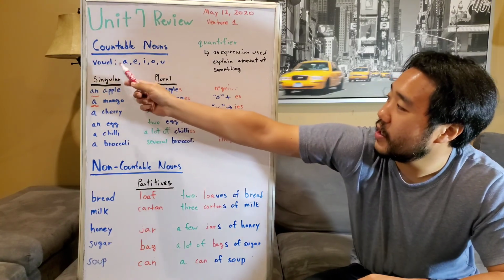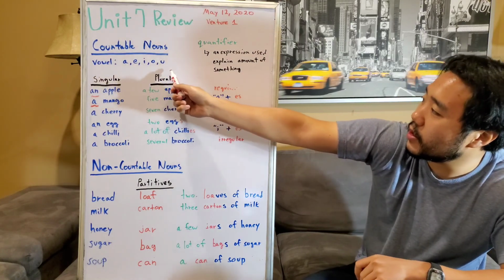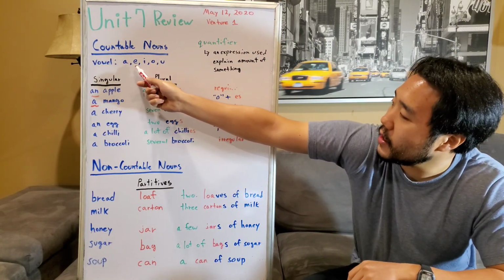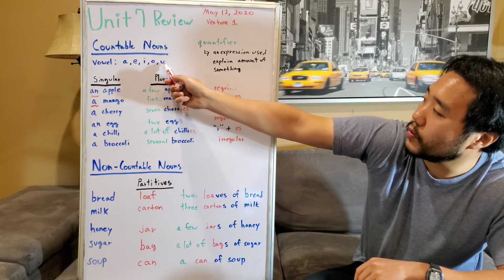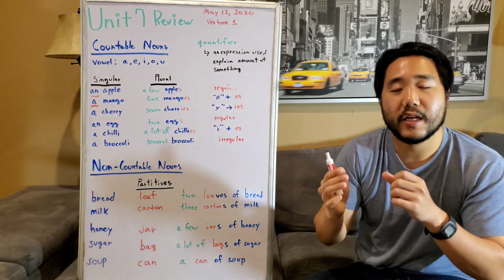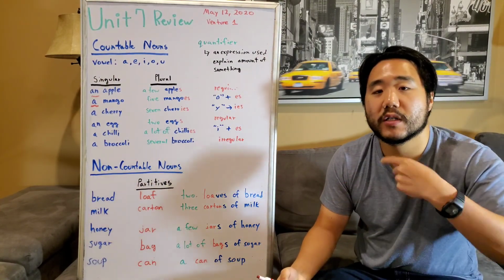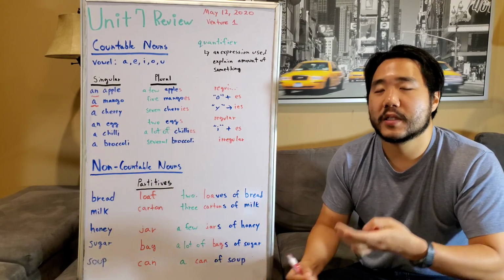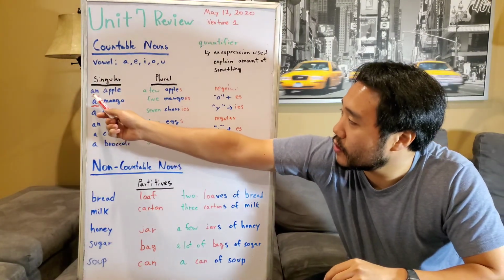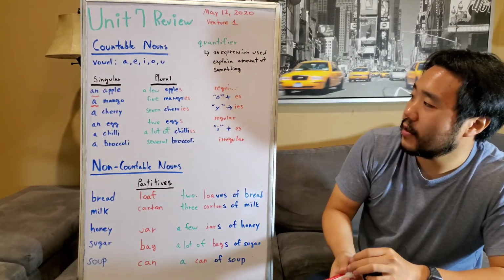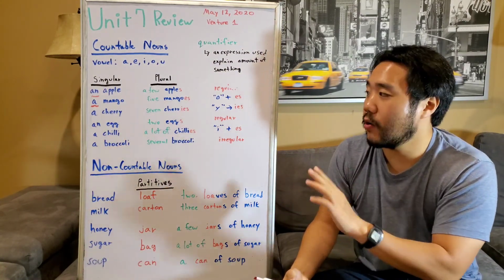So vowels are these letters here: A, E, I, O, U. If any word starts with a vowel, and if we want to specify it to be one thing, then we have to use an, A-N. If it doesn't have a vowel at the front of the word, then we don't have to use it.